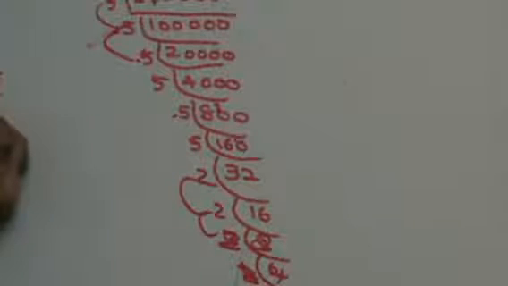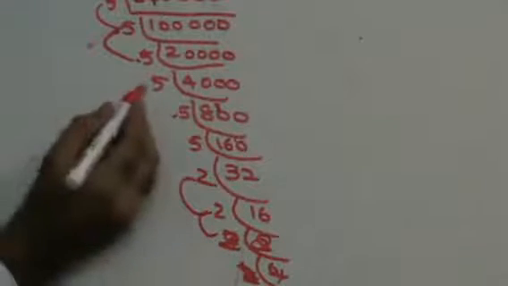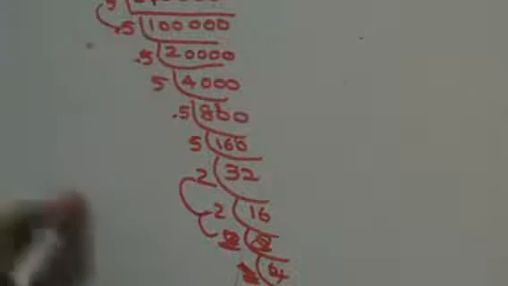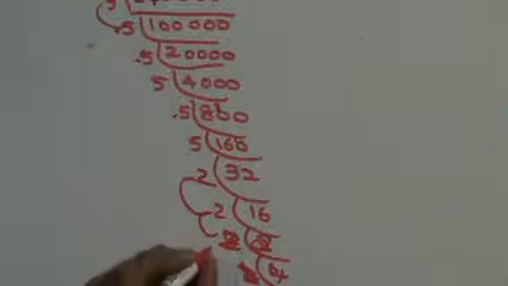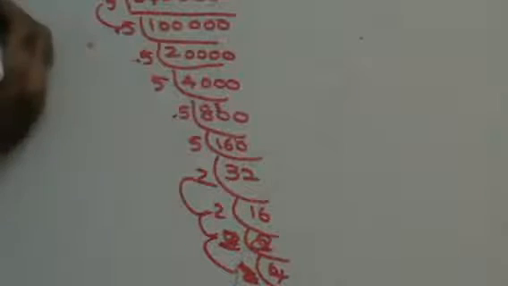5 5s are 25, 25 5s are 125, 125 into 8, someone do 125 into 8, 250, 500, 1000. This is 1000 and this is going to be 125 into 4, no. 25, 2 to the 4, 4 to the 8 to the 16, 25 into 16, someone do 25 into 16, 400.